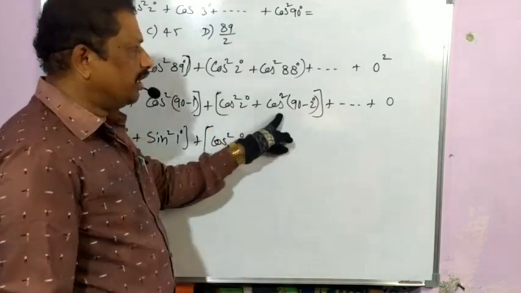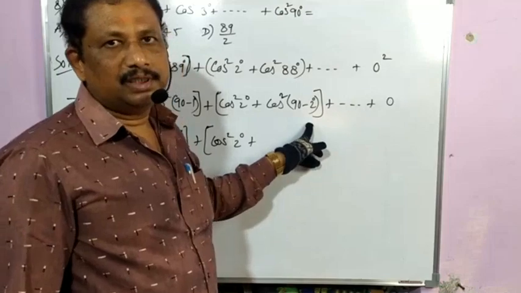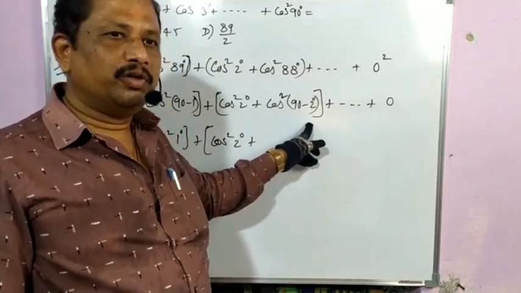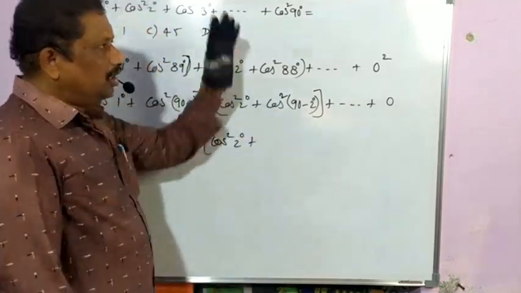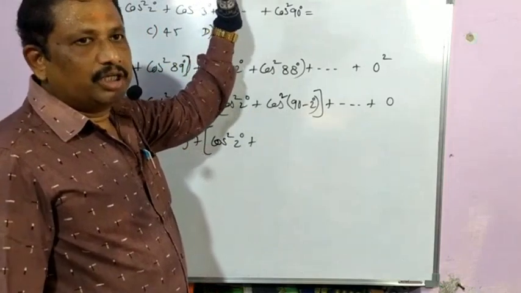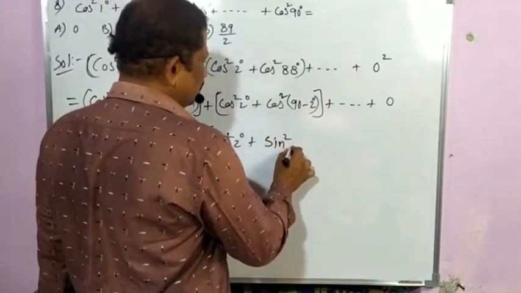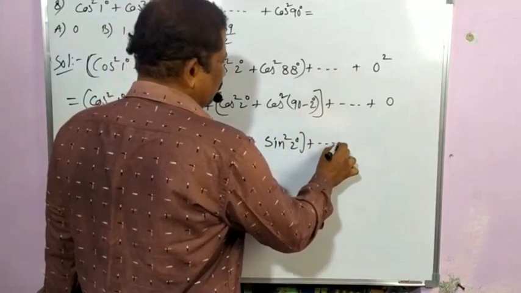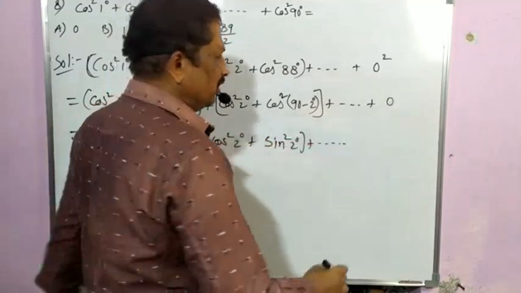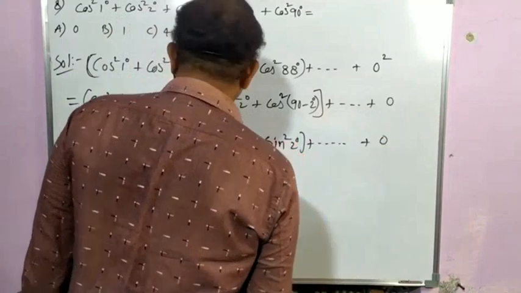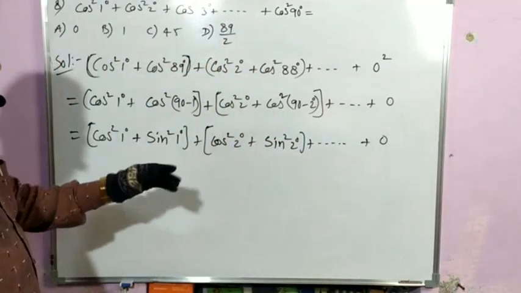Coming to the second one, 90 minus 2 degrees means it falls in the first quadrant, all are positive. Next, the ratio, it is operating on the y-axis, so the ratio changes, cos to sine. So sine square 2 degrees. Plus so on. The remaining things are also the same, plus up to 0. So what do you get here?